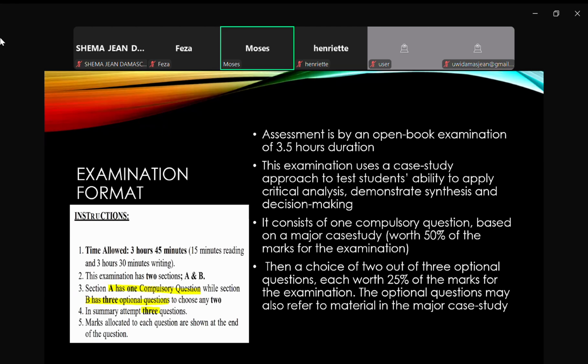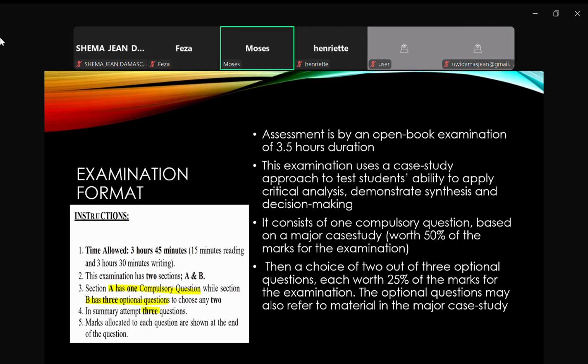It consists of one compulsory question based on a major case study worth 50% of the marks, then a choice of 2 out of 3 optional questions, each worth 25% of the marks. The optional questions may also refer to material in the major case study. Okay, no questions. So let's talk about the examination.